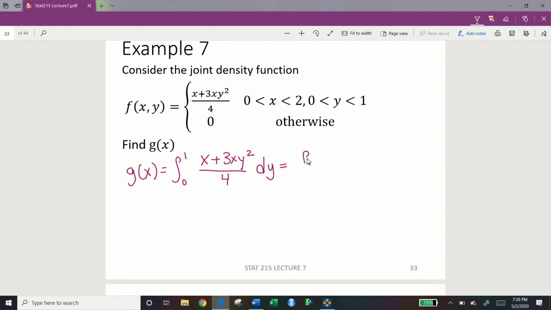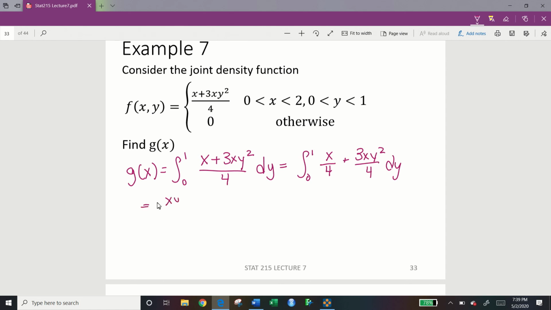I'm going to take a moment, split this up into two fractions just because I think it looks neater. So we'll have x over 4 plus 3xy squared over 4 dy. Now we'll begin to integrate.